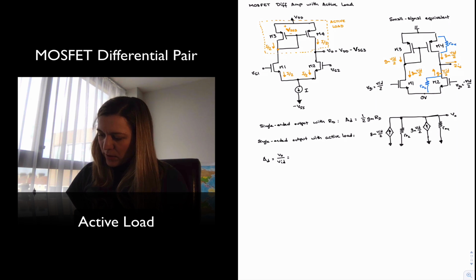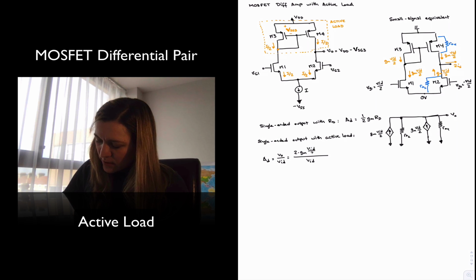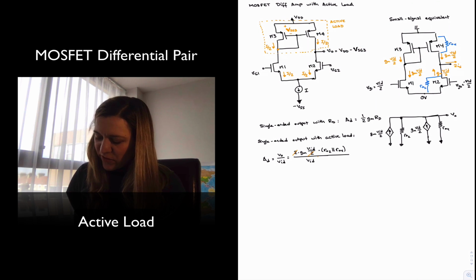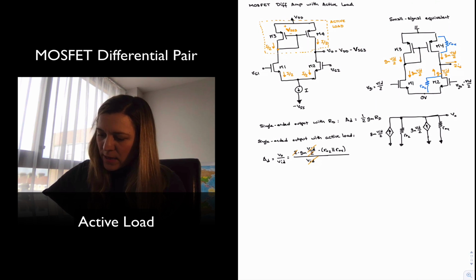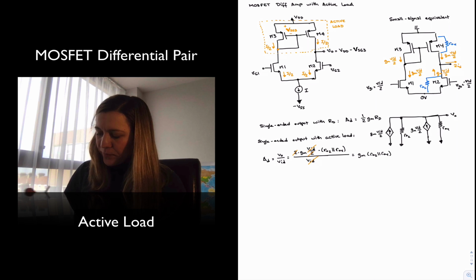Therefore, it's going to be GM, let's see, this is over VID, and the current is 2 times GM VID halves times the resistance, which is Rout 2 in parallel with Rout 4. And so my 2's are going to cancel, and my VIDs are going to cancel, and so my gain is going to be GM Rout 2 in parallel with Rout 4.